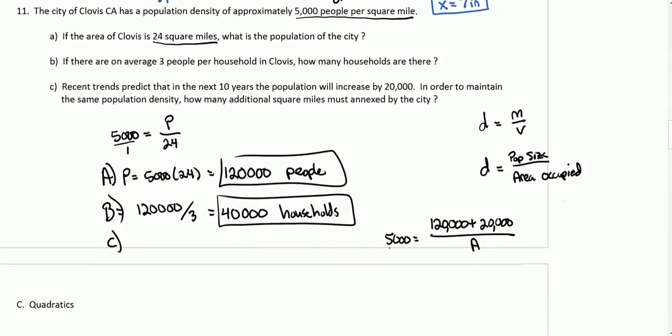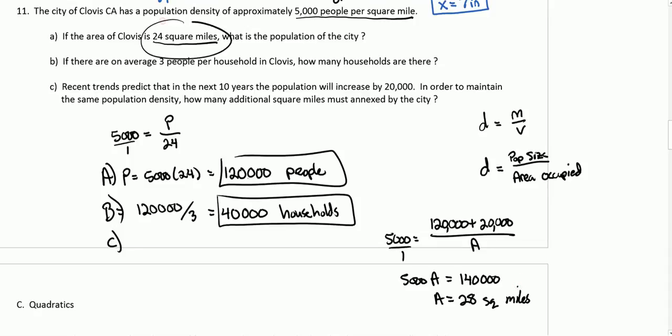And so if I cross multiply here, I'm going to get 5,000 times the area is 140,000. Divide 140,000 by 5,000. We get 28 square miles.